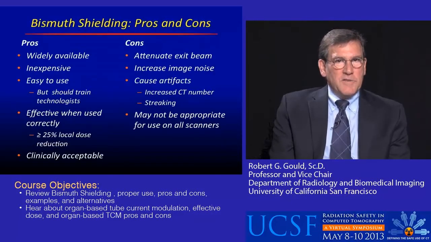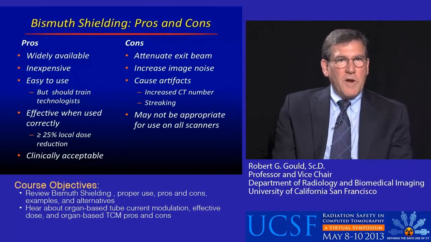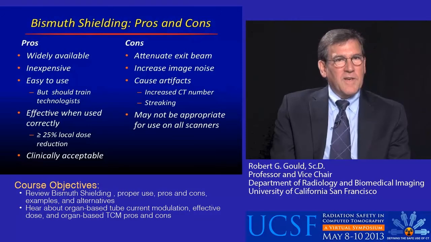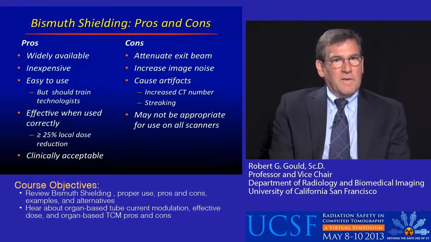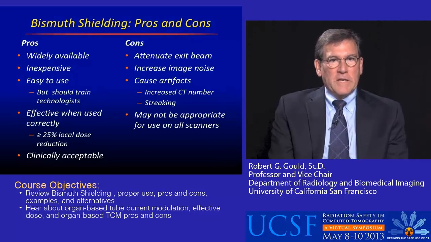So the pros and cons of bismuth shielding. The pros are that it's widely available, they're inexpensive, easy to use, but again, I state that the technologist needs to be carefully trained. They are quite effective, 30% or so reduction when used correctly, and it produces a very clinically acceptable image.